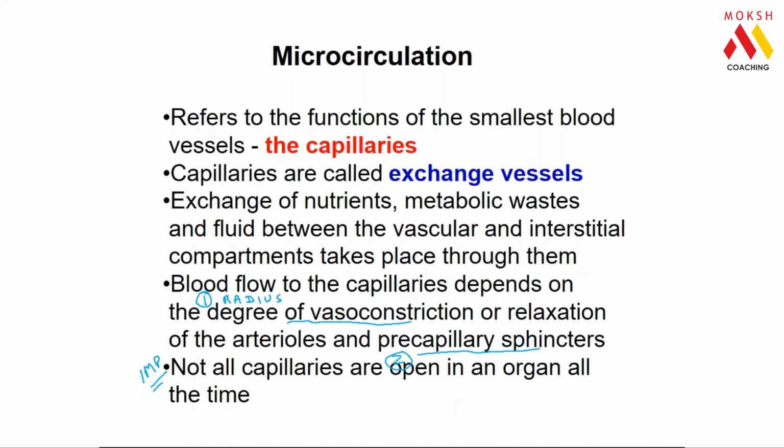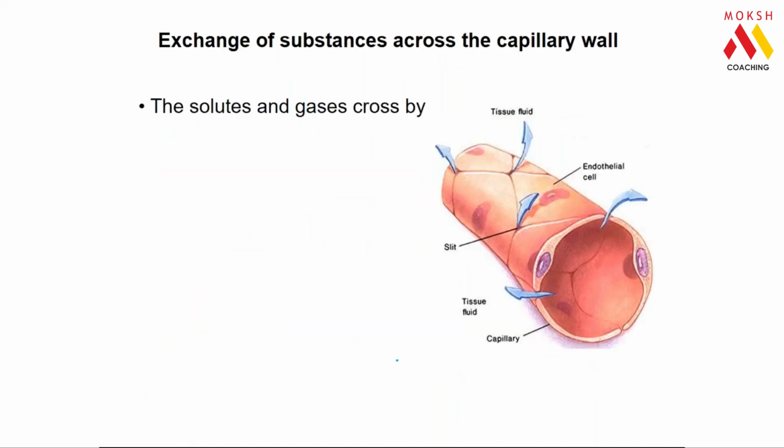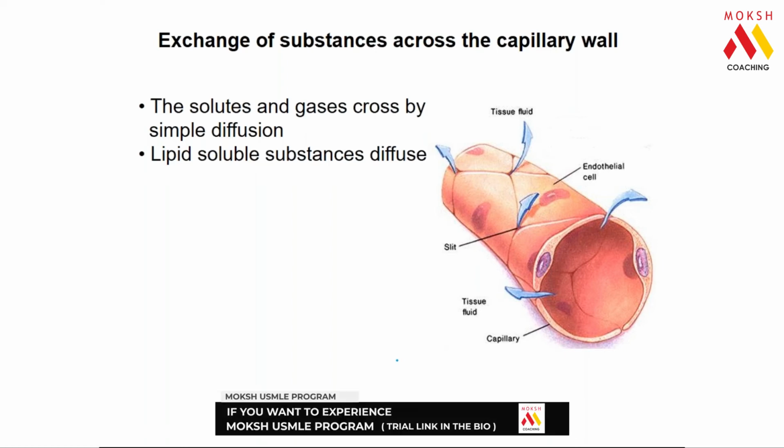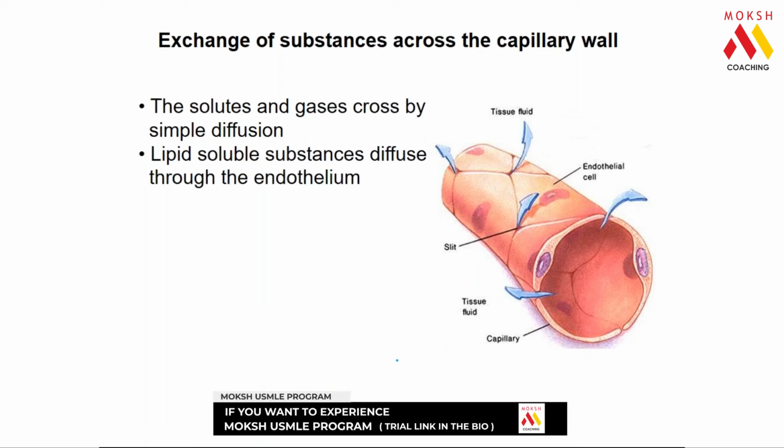Moving ahead, how does the exchange of substances take place in the capillary wall? The solutes and gases cross by simple diffusion. Now we are back to that discussion which was similar to the lipid bilayer discussion in your general physiology, that lipid soluble substances diffuse through the endothelium.